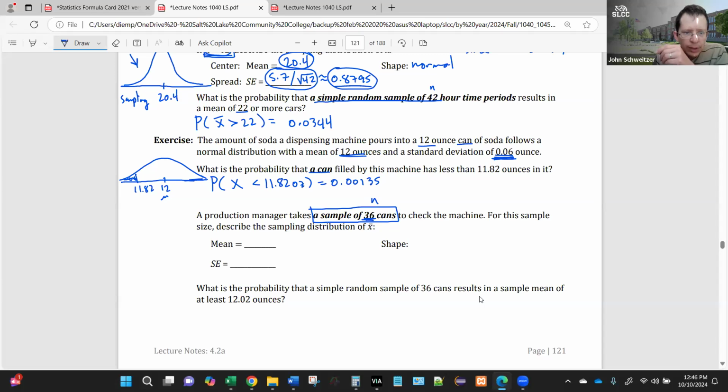So the mean will be the same as the mean of the parent population. Okay, so it'll still be centered at 12 ounces, and the shape will also be normal. If you're already drawing from a normal distribution, then the sampling distribution will be normal. But if you have 36 cans, it's very hard to get 36 extremely underfilled or extremely overfilled cans, right?